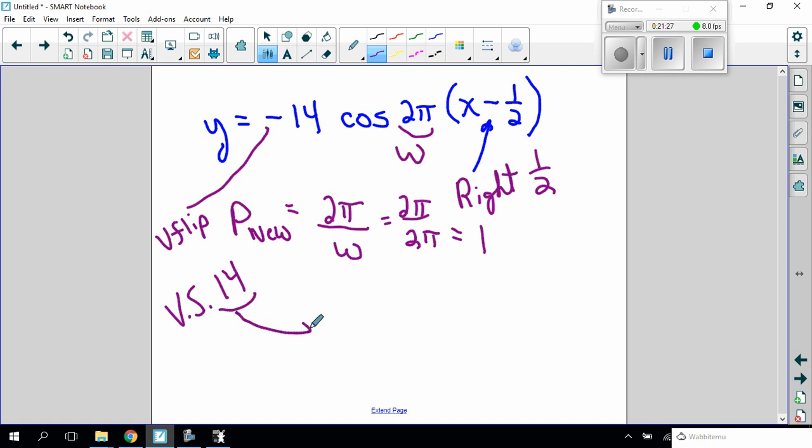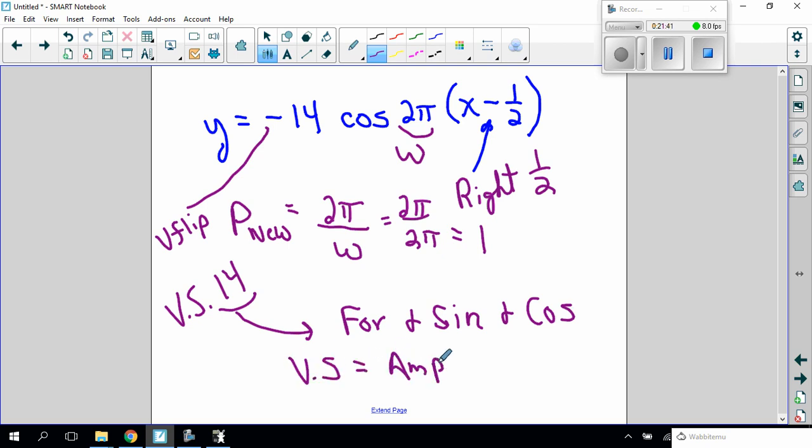Now, before I forget, for sine and cosine, vertical scale equals amplitude. The magnitude of the wave. How big is the wave? The amplitude of the wave. But it only works for sine and cosine.